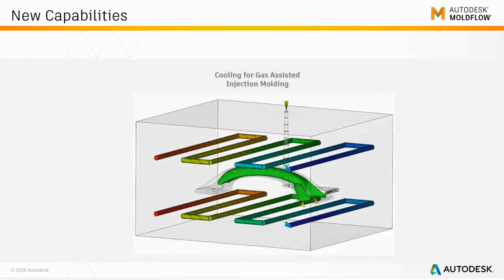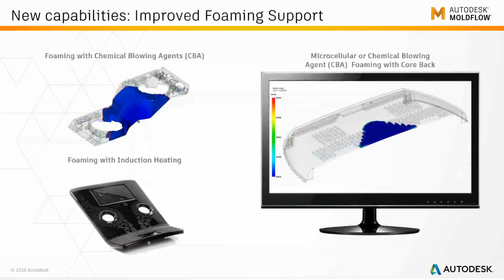Sorry, Hanno, before you go on, there were a couple of questions that came in that I wanted to quickly hit. Do we have documentation out with the release on flow solver speed improvements? We do have that as part of the validation documents.